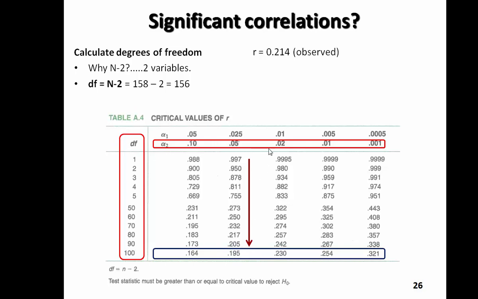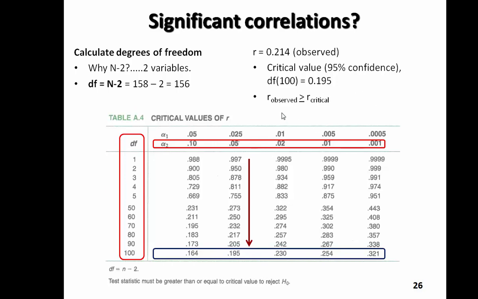Well, recall that the observed r value, not the r squared, but the observed r value, was 0.214, so a weak correlation. The critical value with 95% confidence, we say 95% confidence because that's the difference between 100 and 5%, for a degrees of freedom of 100, because that's where our table is limited, is 0.195.